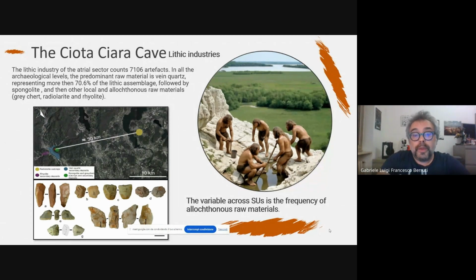But we have an important difference in the percentage of allochthonous raw material, because in the three stratigraphical units we have three different quantities of allochthonous raw material. It's the only variable that is possible to see in the lithic industry.